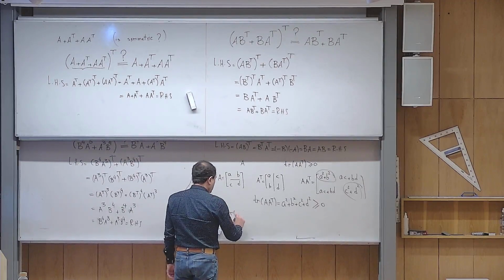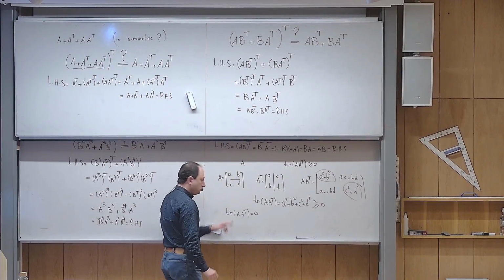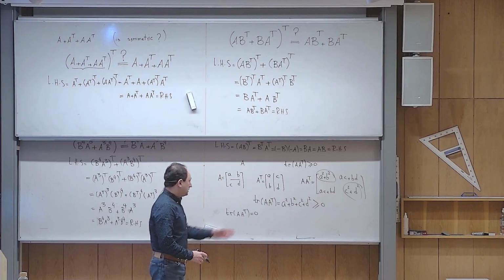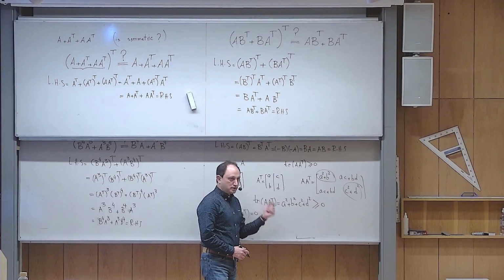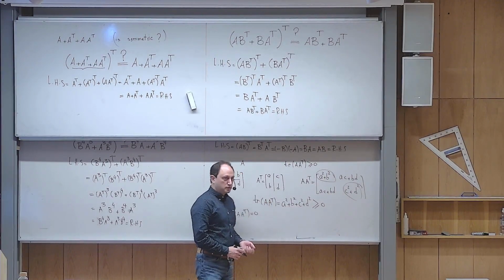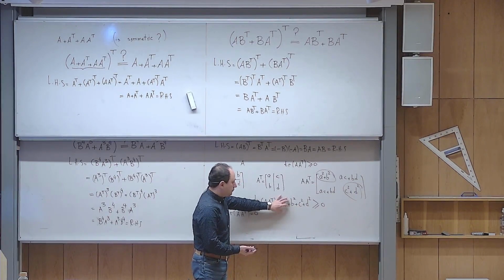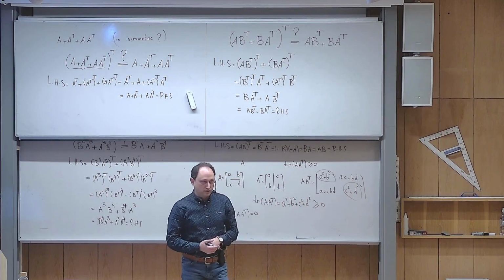And of course, the second part is also clear. We want to show that the trace of A A transpose sometimes becomes zero, but when it becomes zero, this combination is zero. But this combination is zero under one circumstance, and that is all of them are zero. Because if one of them is not zero, then that one is positive, and when you add it to non-negative numbers, it becomes definitely greater than zero.